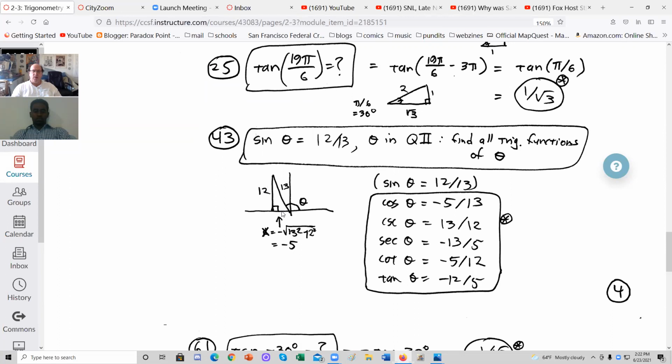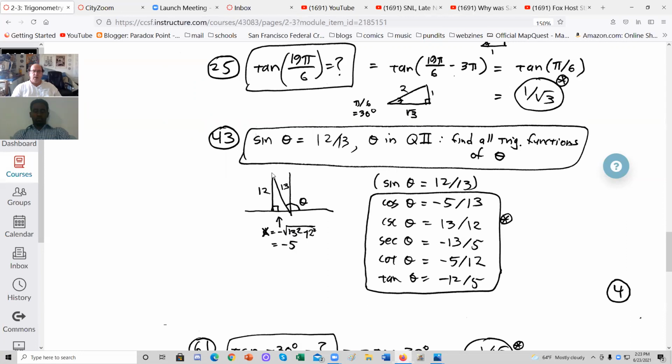This side is the square root of hypotenuse squared minus other side squared. And since it's in the second quadrant, this value is negative. So it's minus the root of 13 squared minus 12 squared. 13 squared is 169, 12 squared is 144. 169 minus 144 is 25. The square root is 5. So this value is negative 5.